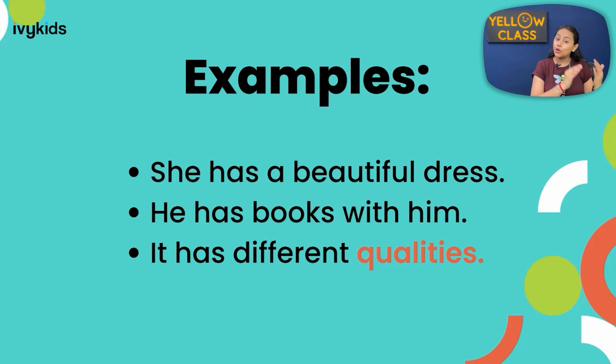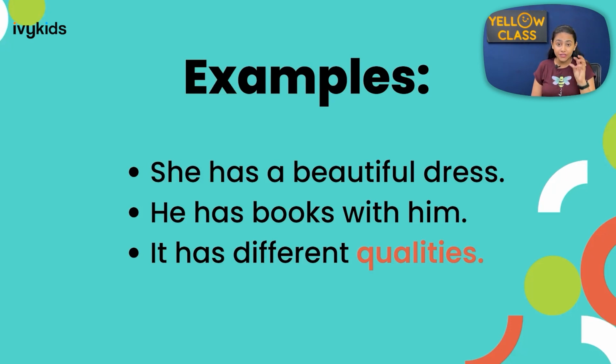We are looking at some example sentences. The sentence starting with she has a beautiful dress, we used has. Second example, the sentence started with he, that's why the sentence continues with has: he has books with him. And let's look at the third one: it has different qualities.